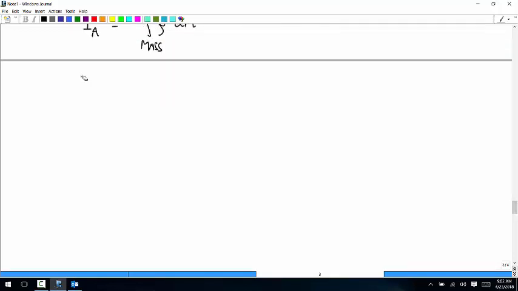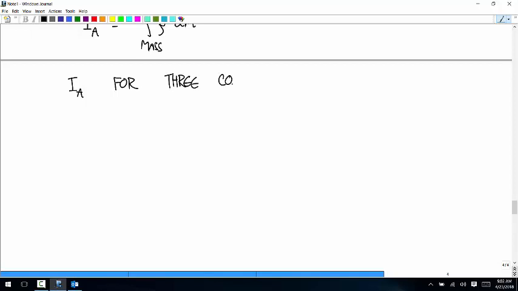So here's the mass moment of inertia formula for three important shapes. And all of these are going to be with the point of rotation at their center of mass.